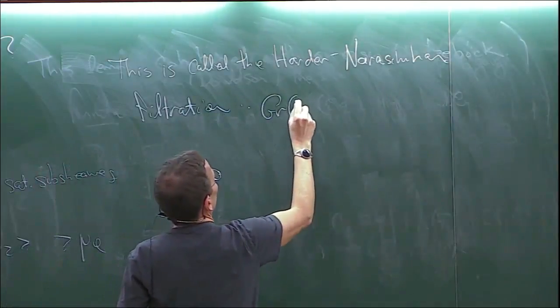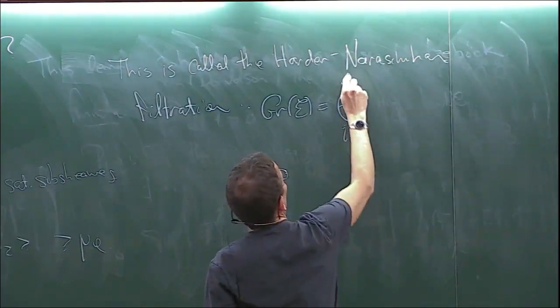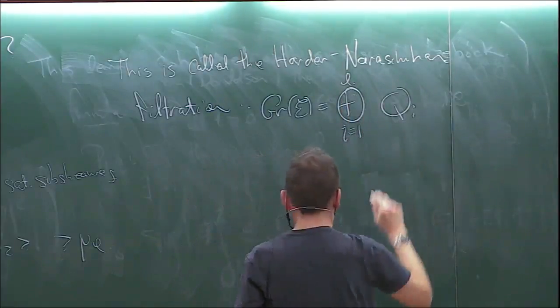And I'm going to let Gr of E be the associated graded, just the direct sum of all of these pieces.